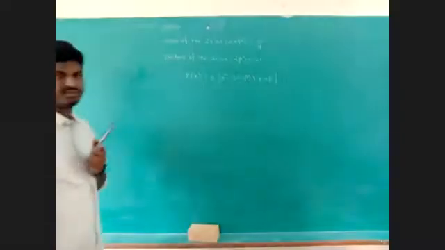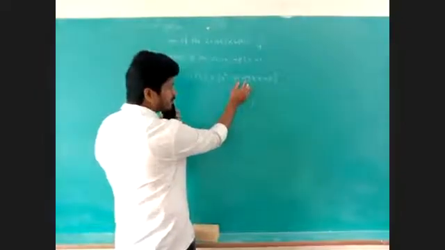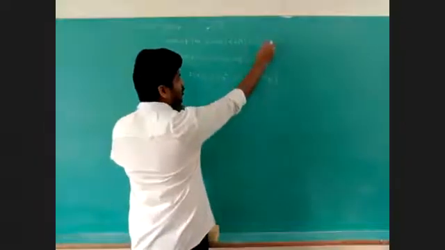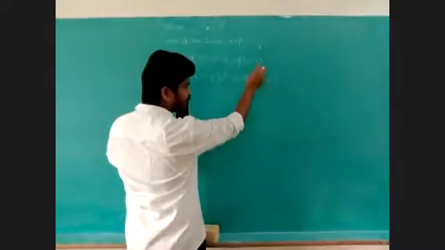This is the general form. Is it right? In this general form, in place of alpha plus beta you should substitute 1 by 4, and in place of alpha into beta you should substitute -1.